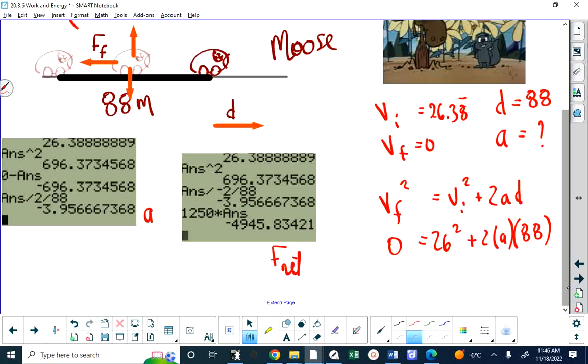Which is the force of friction, which is the applied force.